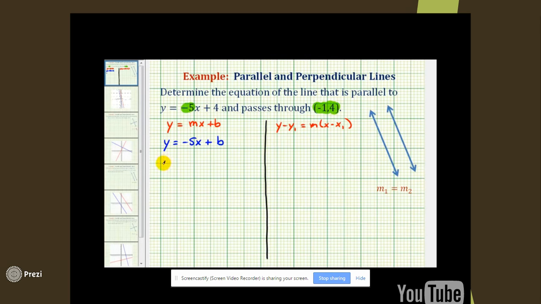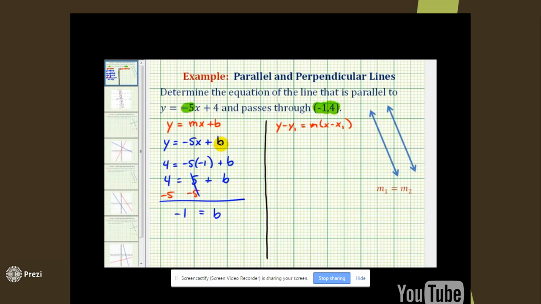So we'd have 4 equals -5 times -1 plus b. So we have 4 equals 5 plus b. Now we'll subtract 5 on both sides to solve for b. So we have b equals -1.